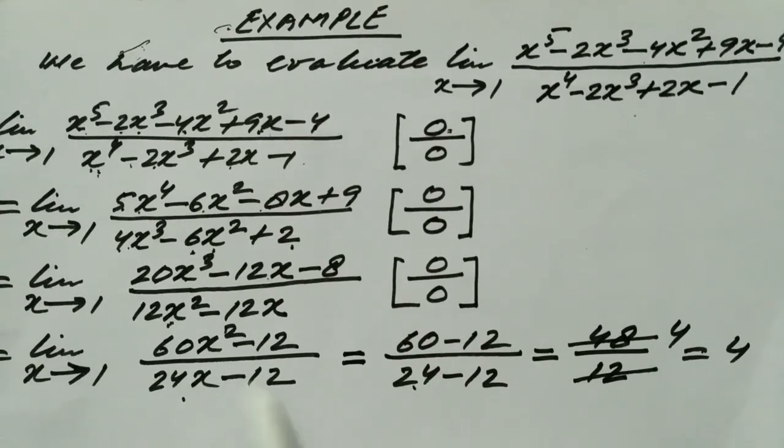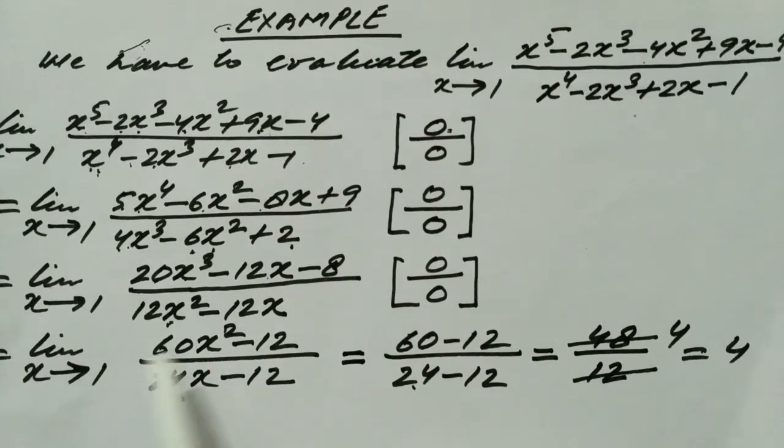Now let us check. If we substitute x is equal to 1, now we have 60 minus 12, which is not equal to 0, so we can apply the limit in this term. So 60 minus 12 in the numerator, and in the denominator 24 minus 12.